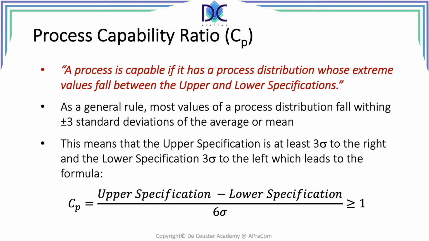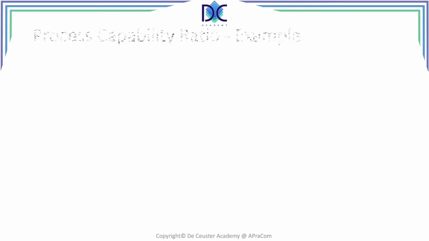And 10 millimeters divided by 6 sigma has to be larger than or equal to 1, which means that our process is capable. We are producing the major part of all the parts between the upper and the lower specification. The larger Cp is, the larger the process capability ratio is, the higher the sigma level of the process. Let's have a look at the examples here.